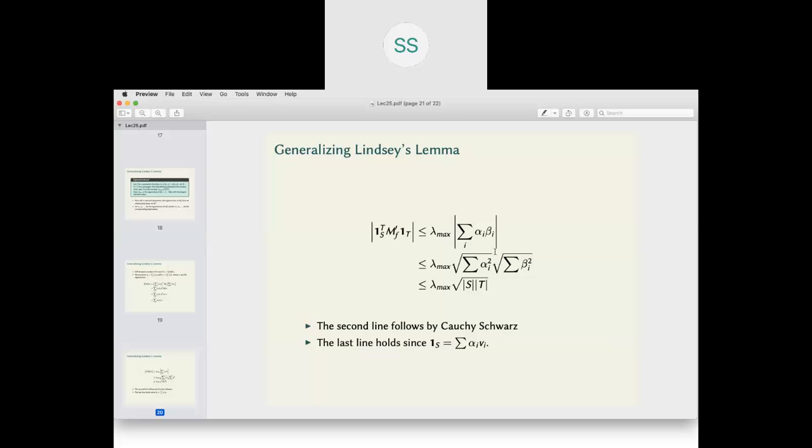This is just the norm square of the vector which has alpha 1, alpha 2, etc. as the entries. But alpha i were the coefficients for a decomposition of 1s. And so if you take these coefficients and square them, you should get the same as the norm square of 1s. And the norm square of 1s is just the size of s, so we have size of s here. Similarly, we have size of t here. So we have lambda max times square root of s times t.